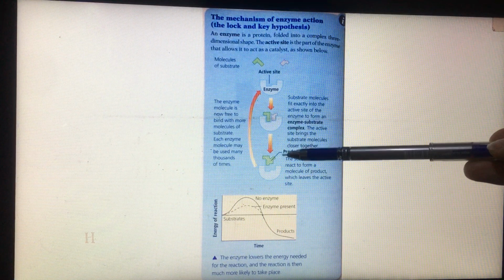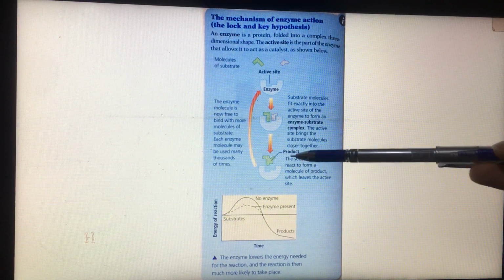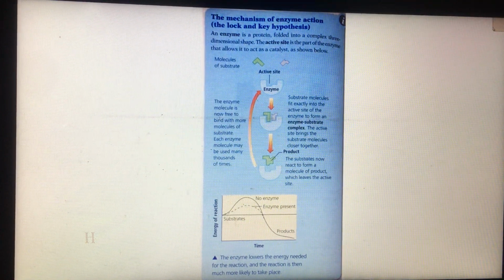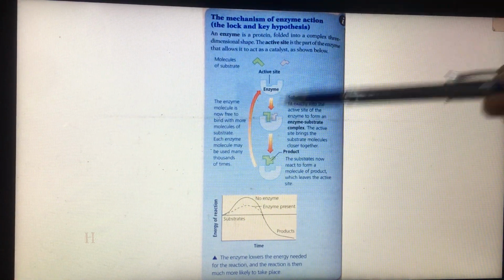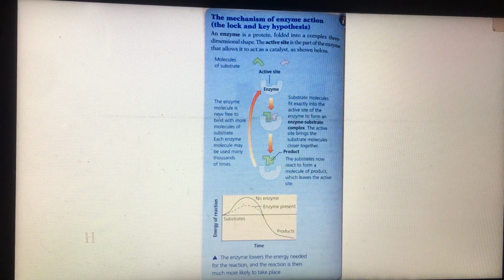Now the active site brings the substrate molecules closer together, and in the last stage, the substrates react to form a molecule of product which leaves the active site.